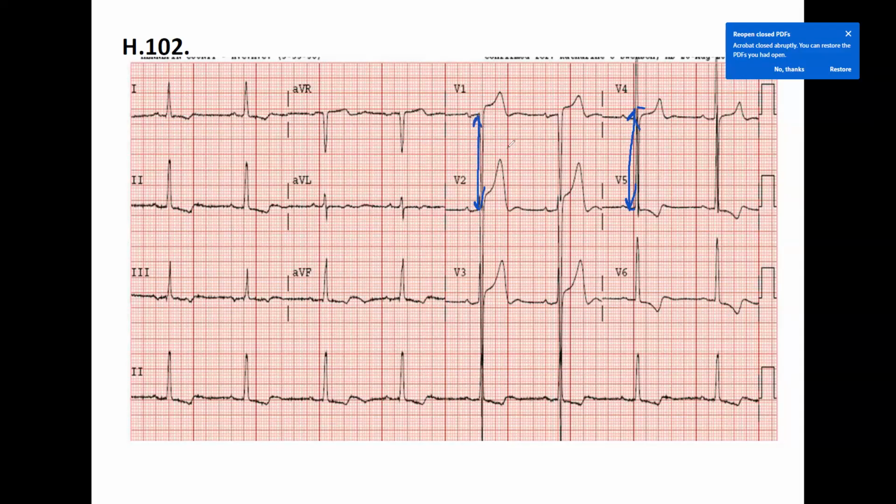And the voltage criteria: if you sum these two and it's bigger than or equal to 35 millimeters, you can say this is left ventricular hypertrophy. Very good. Another thing that you do see here, I'm happy that I can show you, these kind of ST-T changes occurring right here, and that is called a strain.